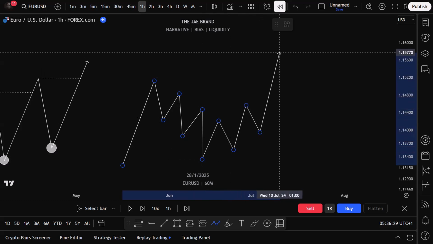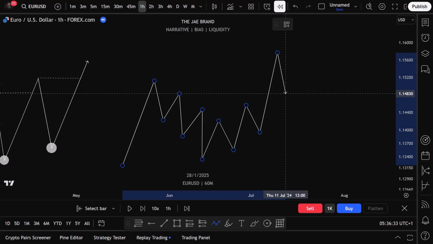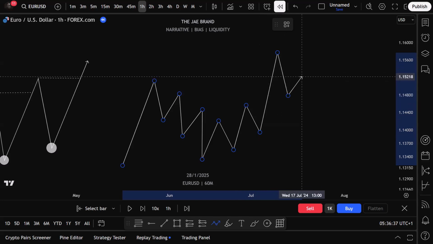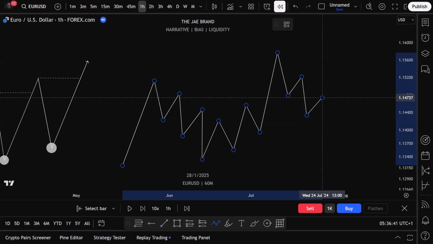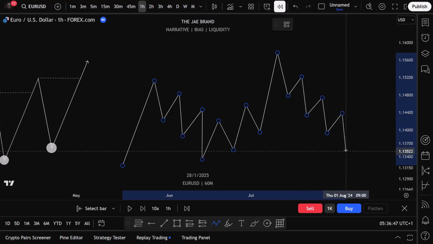We are more interested in the external structures because the external structures give us a clear direction of what price is doing. We are really not interested in those internal structures because they are used as liquidity to fuel price movement.